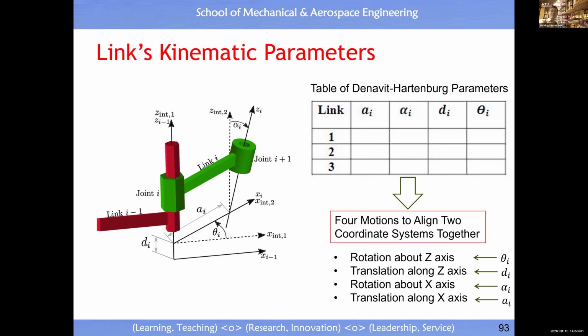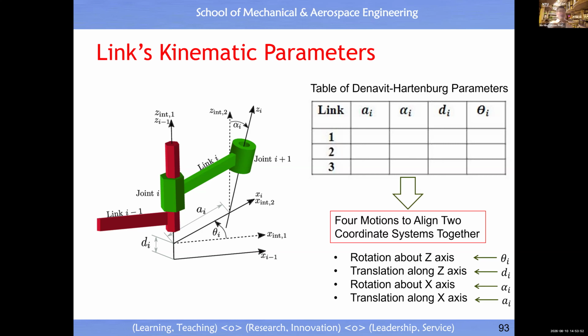So through the use of these 4 kinematic parameters, you will be able to transform one coordinate system to be superimposed with another coordinate system, all right? So this fully describes the relationship between 2 coordinate systems.